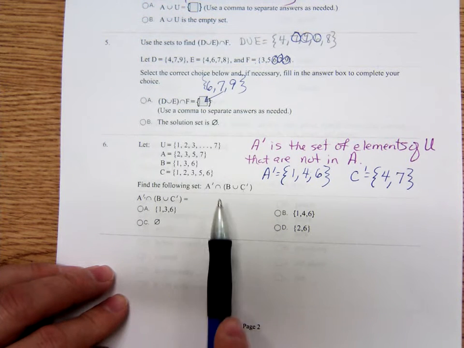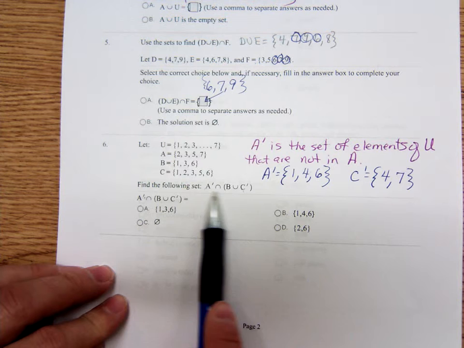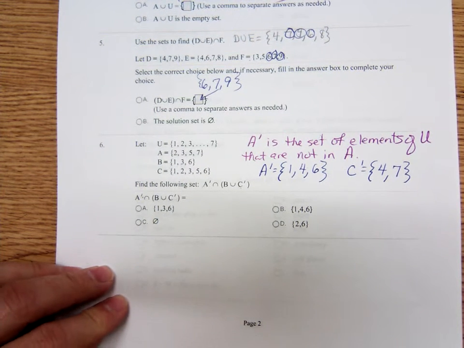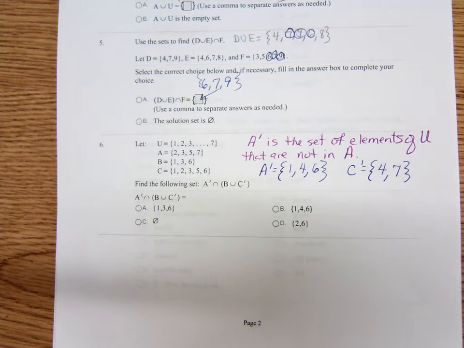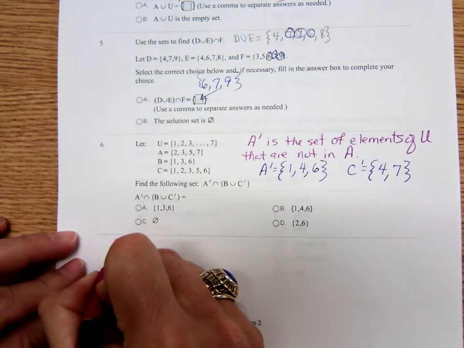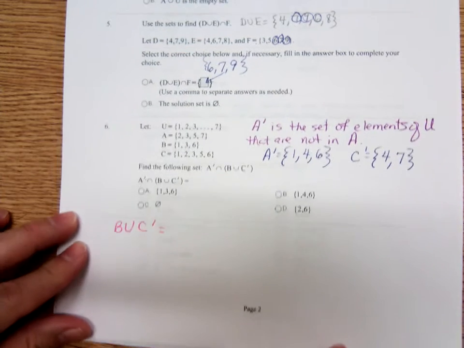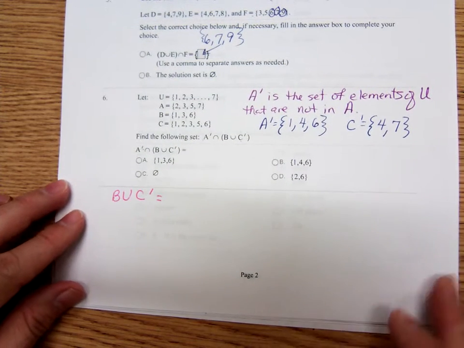Now I'm going to start working with this. I'm going to do the parentheses first. I'm going to find B union C complement.